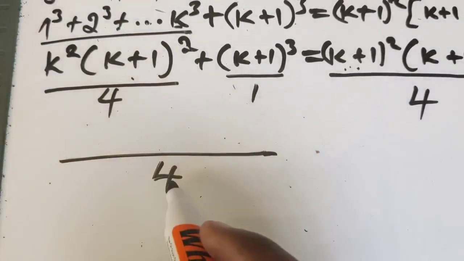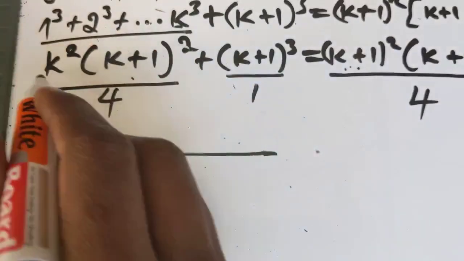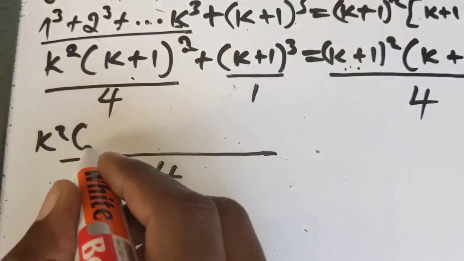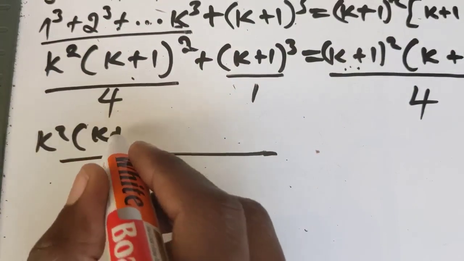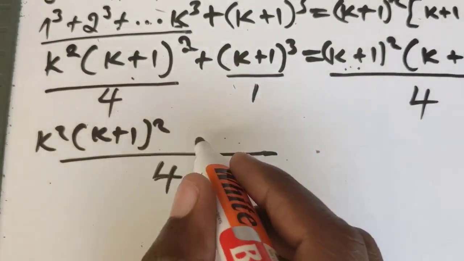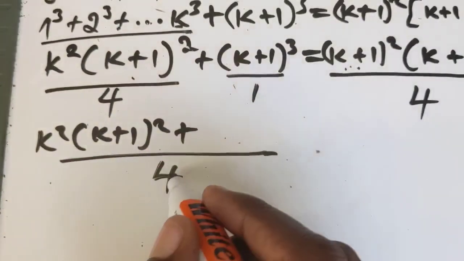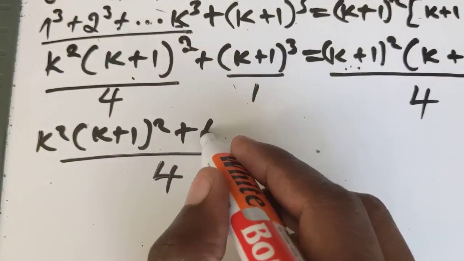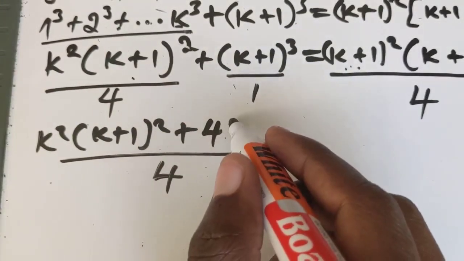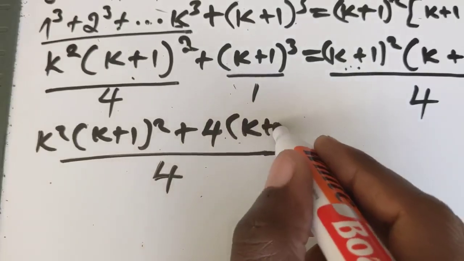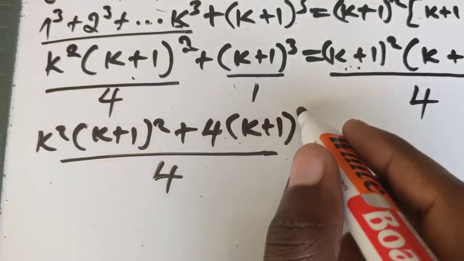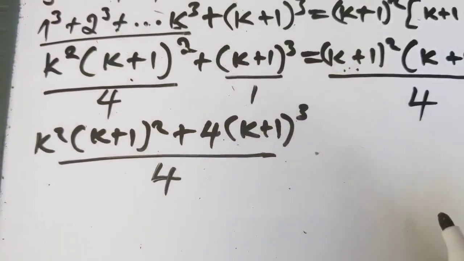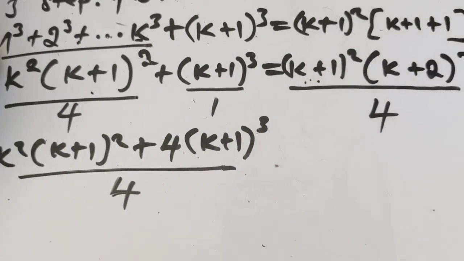Then 4 into 4 is 1. 1 times everything here gives you k squared, open bracket, k plus 1 to the power 2, plus 1 into 4, which gives you 4 times k plus 1 to the power 3.